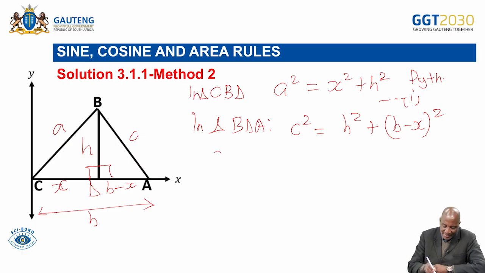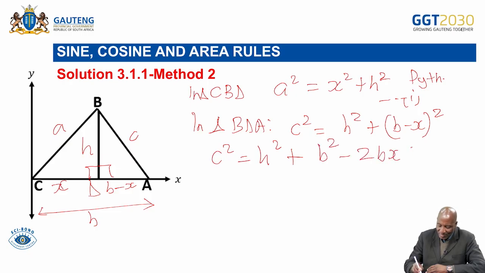Then I will proceed. c squared equals h squared plus, let's square that part, we get b squared minus 2bx plus x squared. That's our c squared. We continue. Our c squared equals h squared plus x squared.